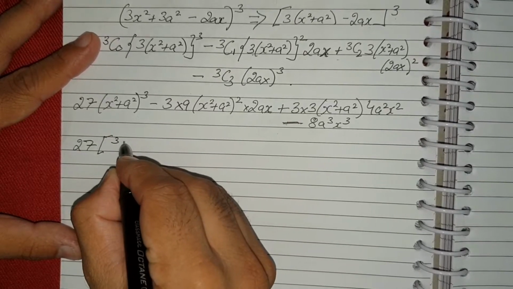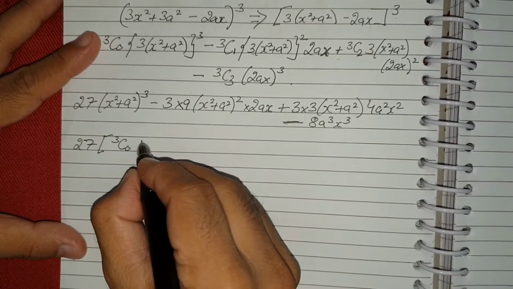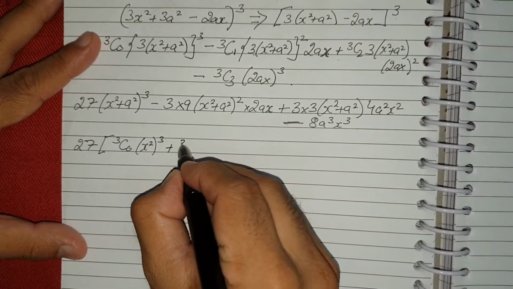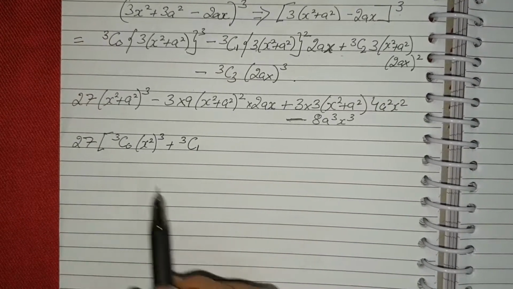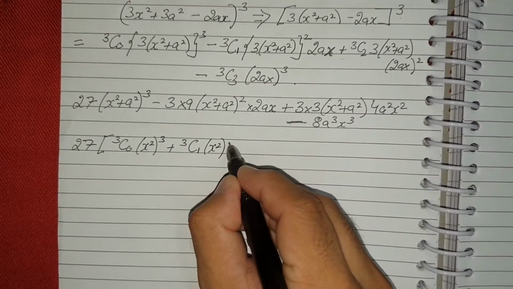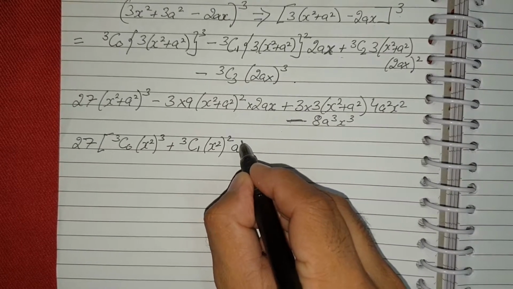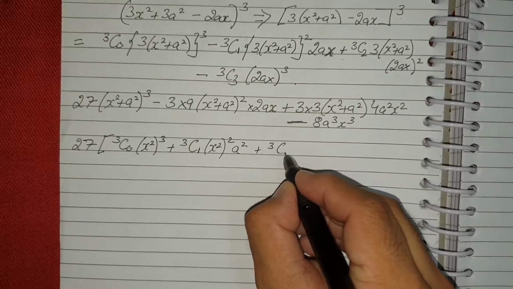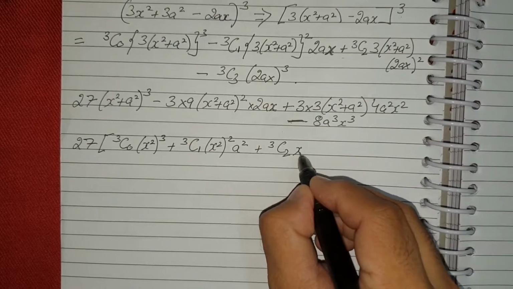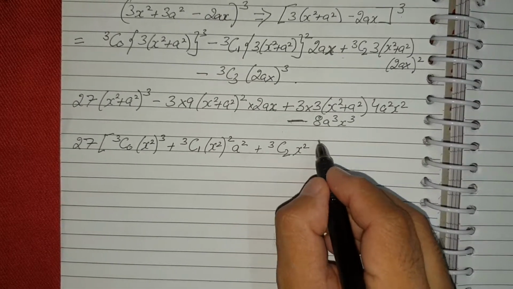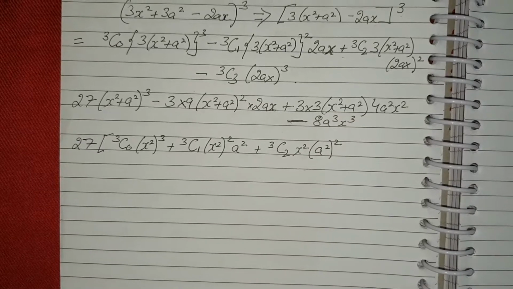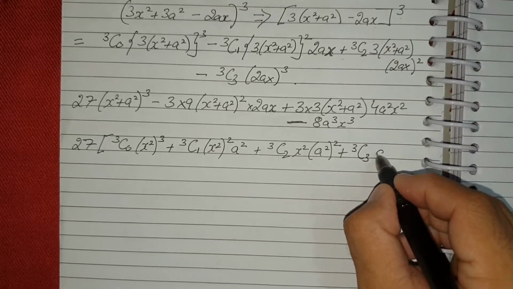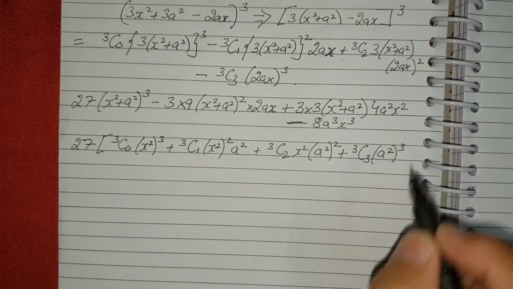Now this is 3c0 (x square) cube, plus 3c1 x square into a square, plus 3c2 x square into (a square) whole square, plus 3c3 (a square) whole cube.